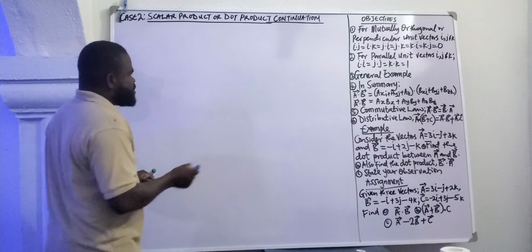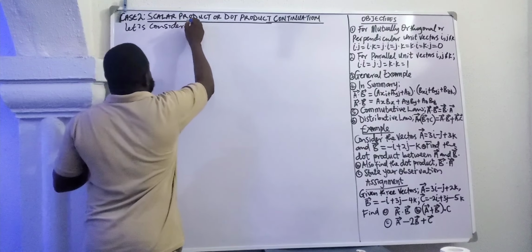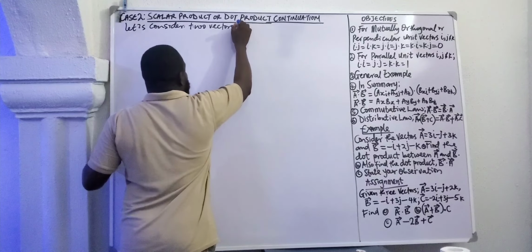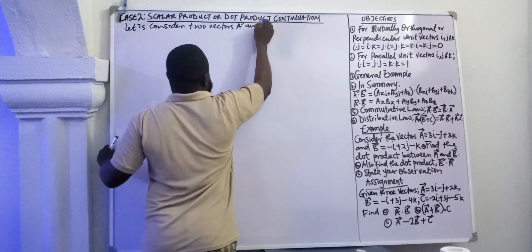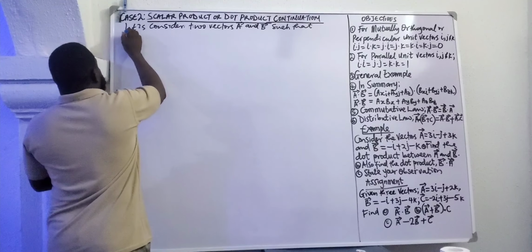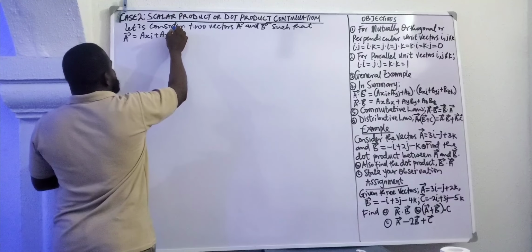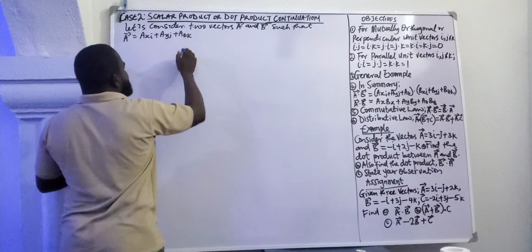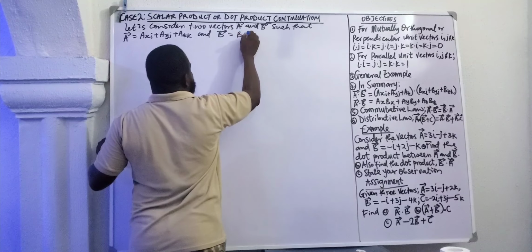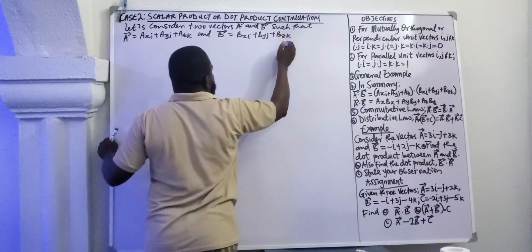So let's see it. Let's consider two vectors A and B, such that vector A is AXI plus AYJ plus AZK, and vector B equals BXI plus BYJ plus BZK.